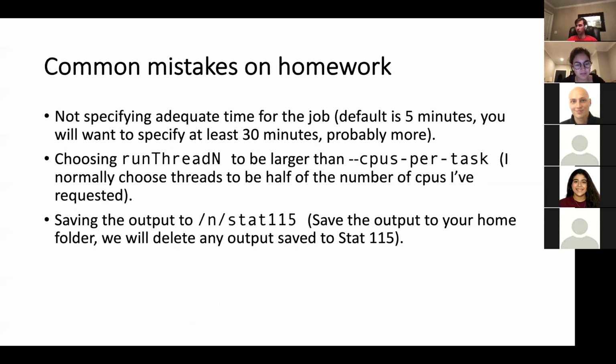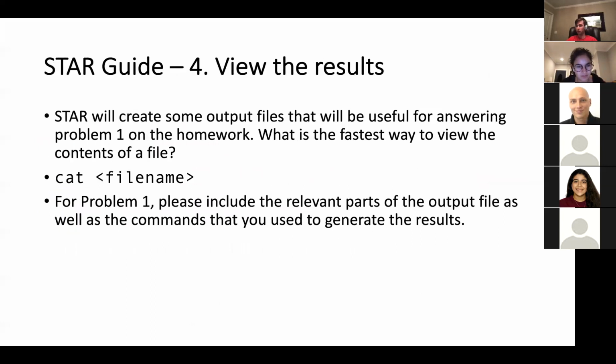The output of STAR. So one of the questions on the homework asks how many reads are mappable. Does that include uniquely mappable reads, reads mapped to multiple loci, and reads mapped to too many loci? Like all three of those? Yeah, so are there any reads mapped to too many loci? I got that there were some.